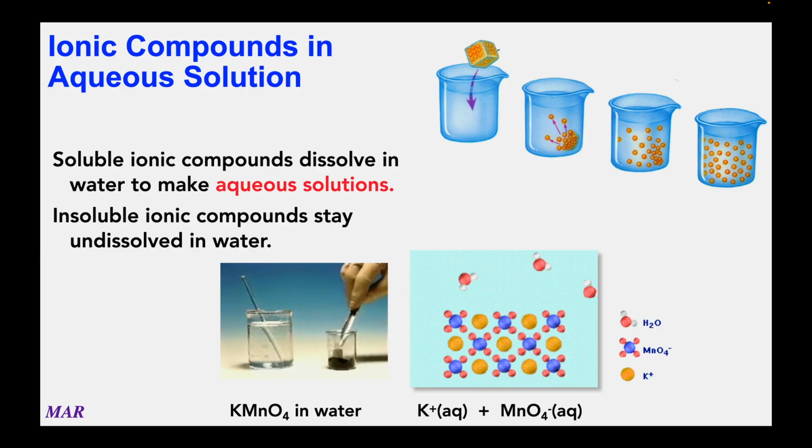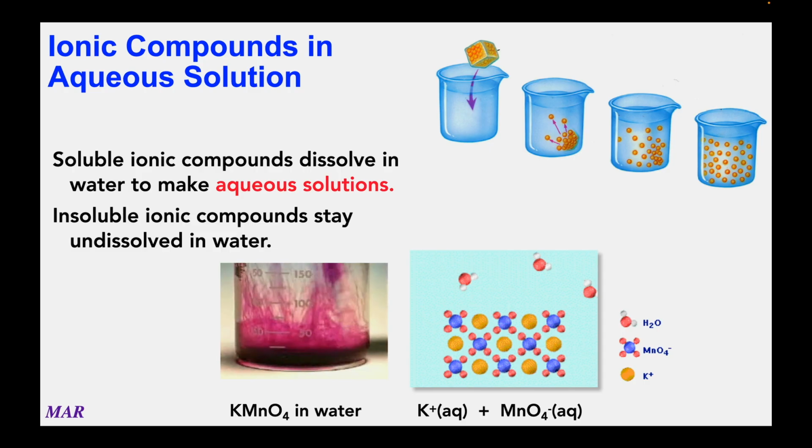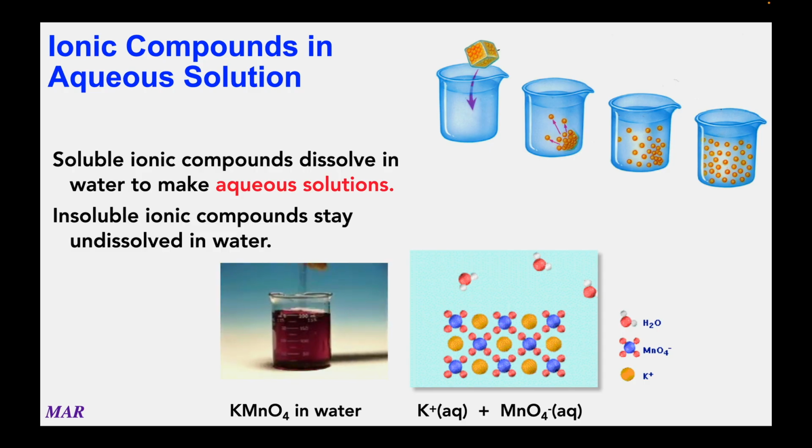Potassium permanganate is an ionic compound. It dissolves readily when mixed with water. Dissolution involves the breaking of the bonds that hold the compound together. The ions become distributed throughout the water, forming a solution. Water molecules are made of hydrogen and oxygen.